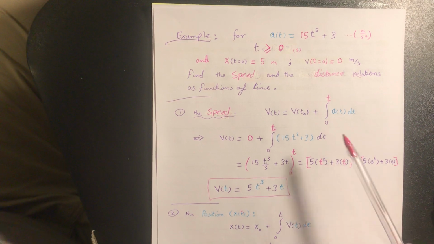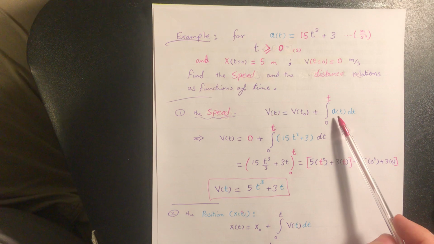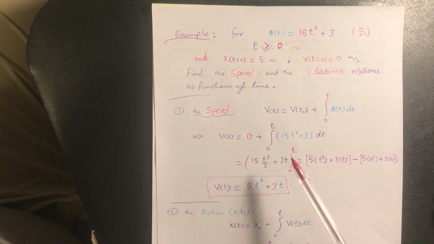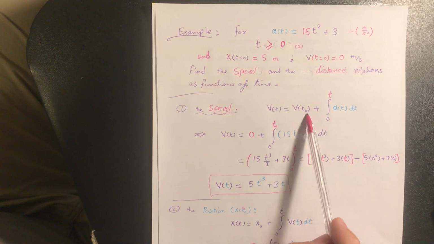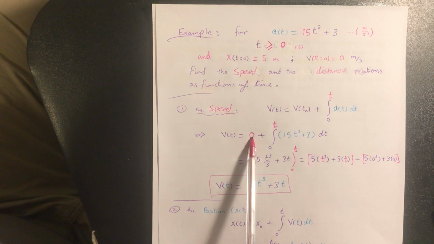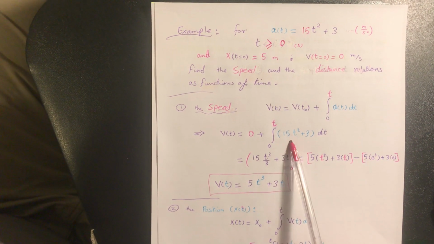The initial value of the integration is 0, the final value is t. Now the initial value of the velocity is 0, v naught is equal to 0. It is simple. Plus the integration of 15 t squared plus 3.